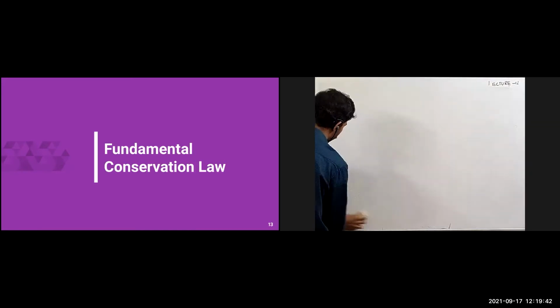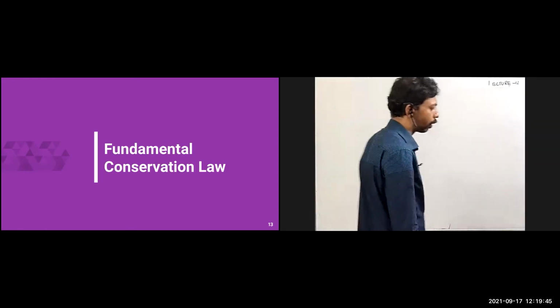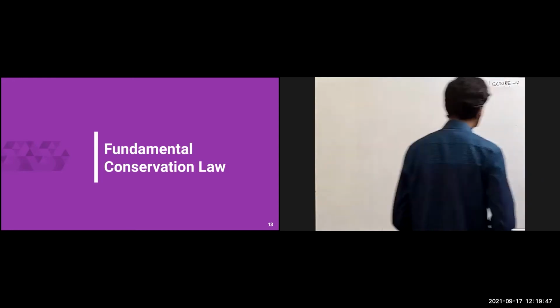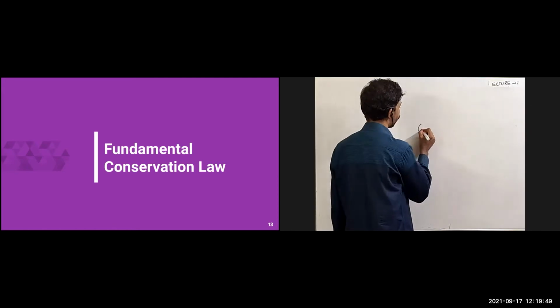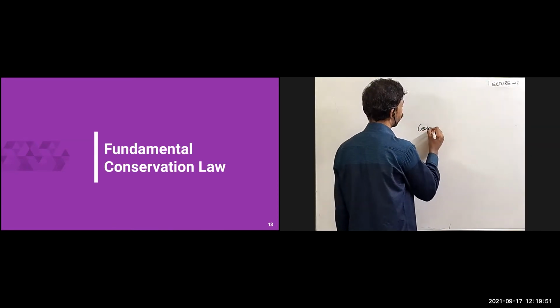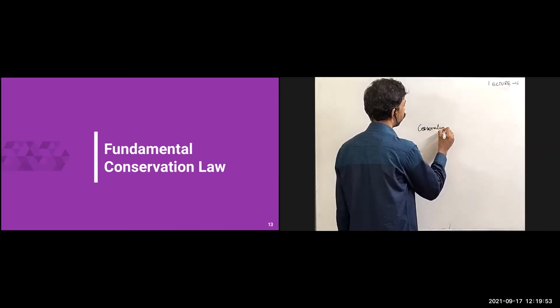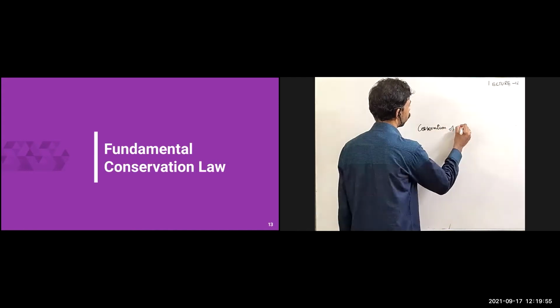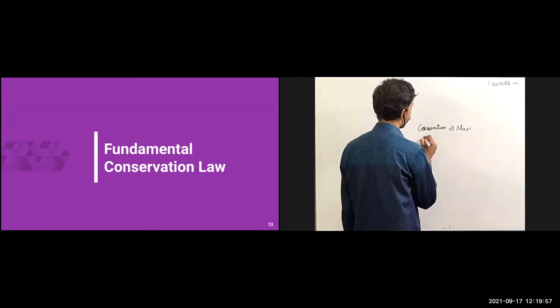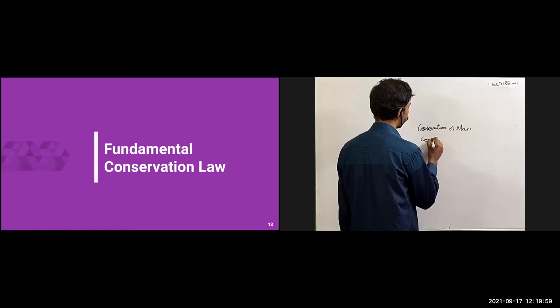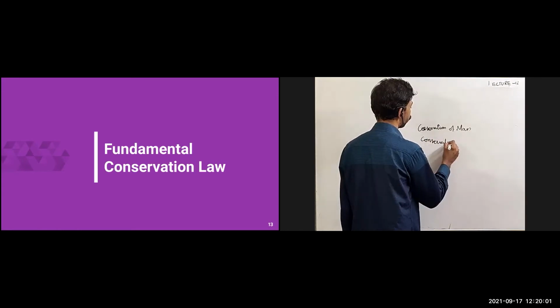So there are basically three laws. One is called conservation of mass. Another is called conservation of momentum.